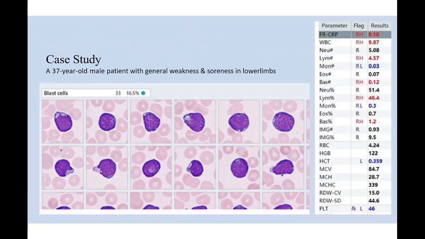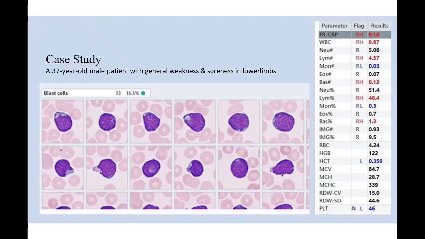We can discuss one case study here. There is a 37-year-old male patient with general weakness and soreness in the lower limbs. See the blood picture. There was a flag for blasts, NRBCs, left shift, lymphocytosis and thrombocytopenia. If there is any flag in the blood count examination, you should go for further validation with a blood film.